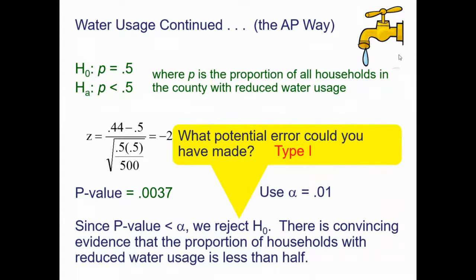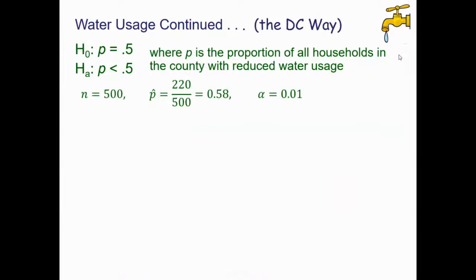Okay, let's finish up today by looking at the dual credit method of doing this. So, what kind of test is this? Left-tailed, right-tailed, or two-tailed? It's a left-tailed test. Perfect. So we need to find the z critical value so that alpha equals 0.01 is totally in the left tail.